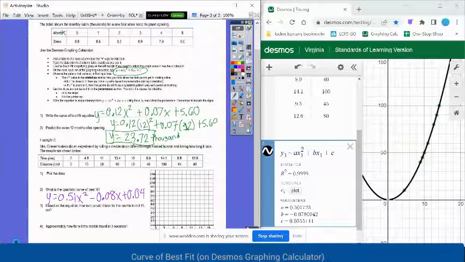So there is the equation that we can use for our curve of best fit. Based on this, how long would it take for my marble to roll 15 centimeters?